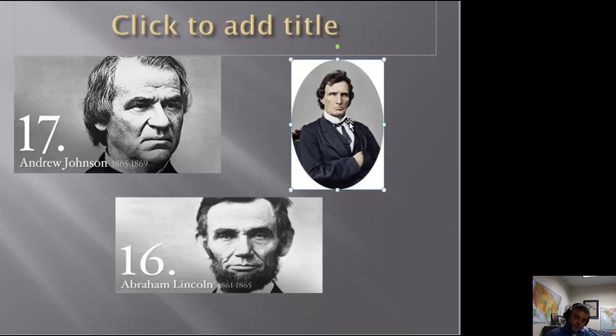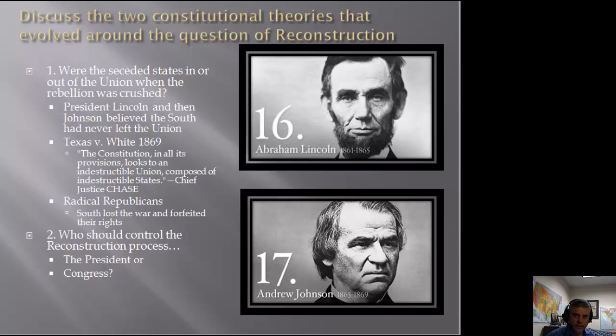And then there was an attempt, and this is mainly what we're going to be looking at in this lecture, there was an attempt to reconcile racial differences, that is, to create a biracial, equitable society in the South. This was mainly the charge of congressional Reconstruction. We'll look at that more in detail.